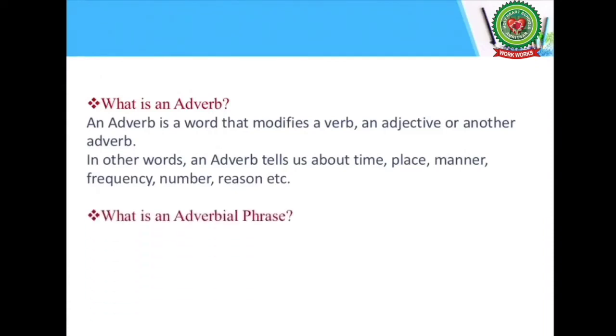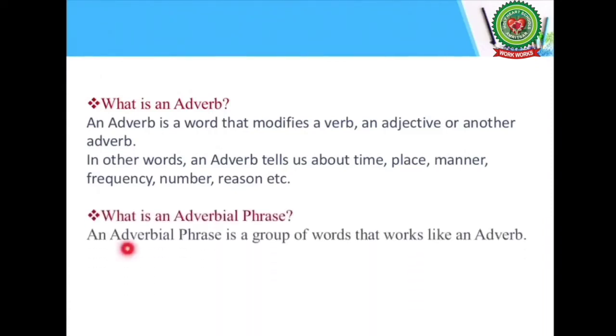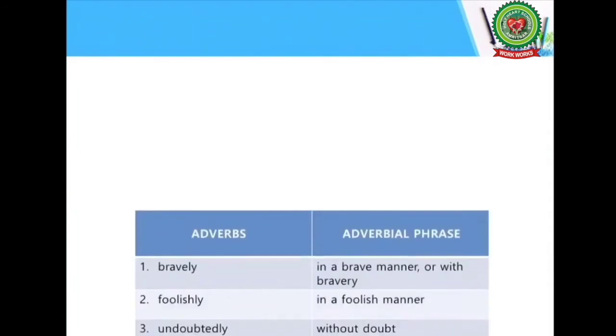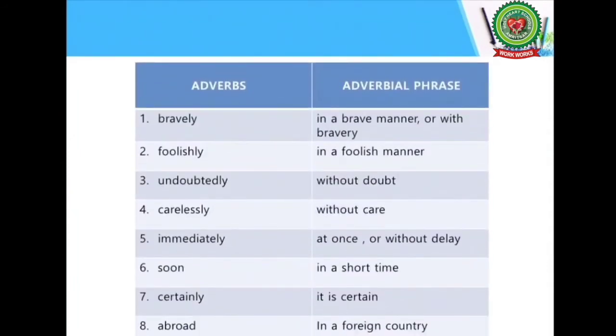Now, what is an adverbial phrase? An adverbial phrase is a group of words that works like an adverb. Now, have a look at this table where there are some adverbs and their adverbial phrases. First one, bravely: in a brave manner or with bravery. Foolishly: in a foolish manner.